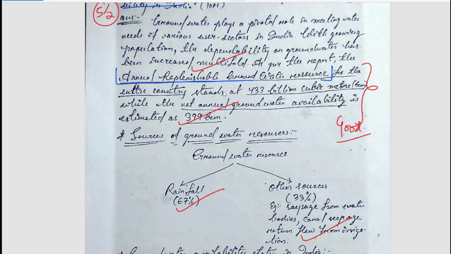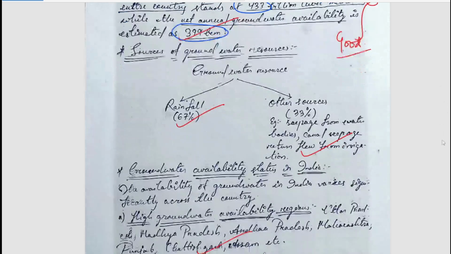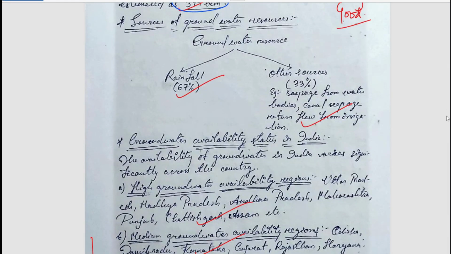So it stands at 433 billion cubic meter, while the availability is 399 billion cubic meter. That is, we are consuming more, and the replacement level is decreasing day by day. Okay, so this is the status: groundwater, rainfall, other sources such as seepage, water bodies, rivers, other things.